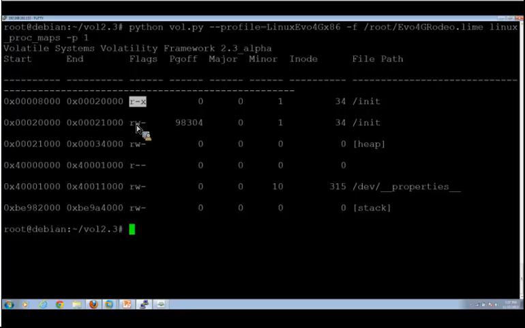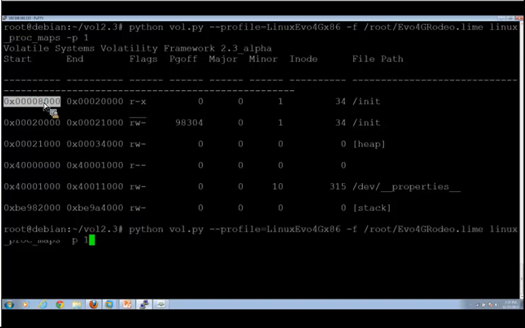The one that's readable and writable and not executable is going to be the data of init, so all of its static variables and global data structures. To use this plugin, we use our dump map plugin. We give it our starting virtual address that we're interested in. Again, if we don't limit this, it's just going to dump all the addressable memory of that process. And then we have an output file, which can be init demo or something.